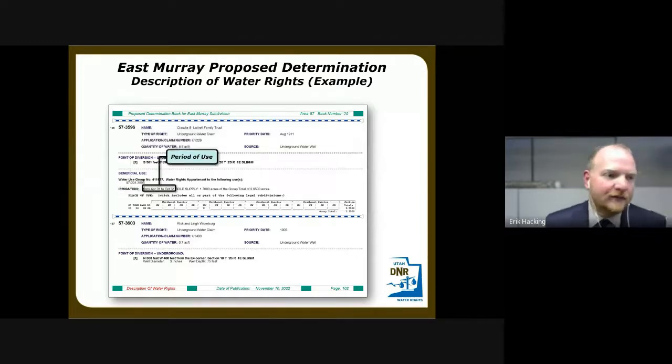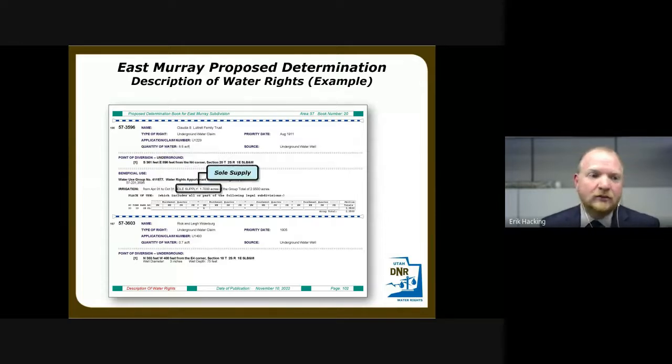All right, period of use. This is the allowed time at which the water right can be used. For irrigation in this area, the standard season is April 1st to October 31st. For domestic or stock water, this would probably be year round.